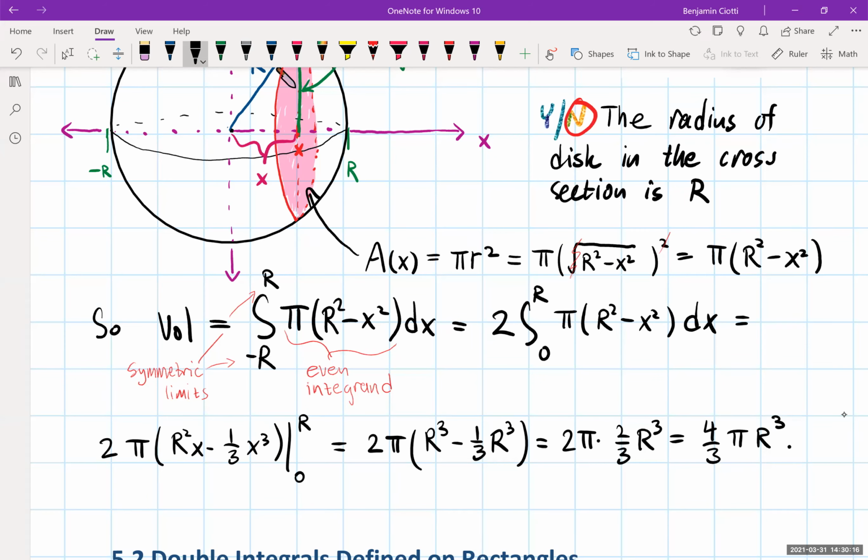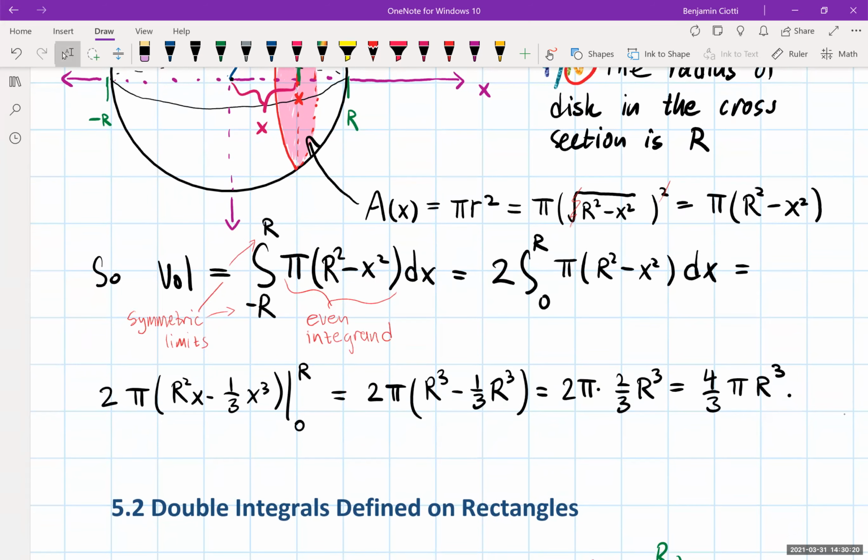So there, just like that, we did what took mathematicians 2,000 years to come up with, and it was that easy. And we used Cavalieri's principle. Any questions on this?